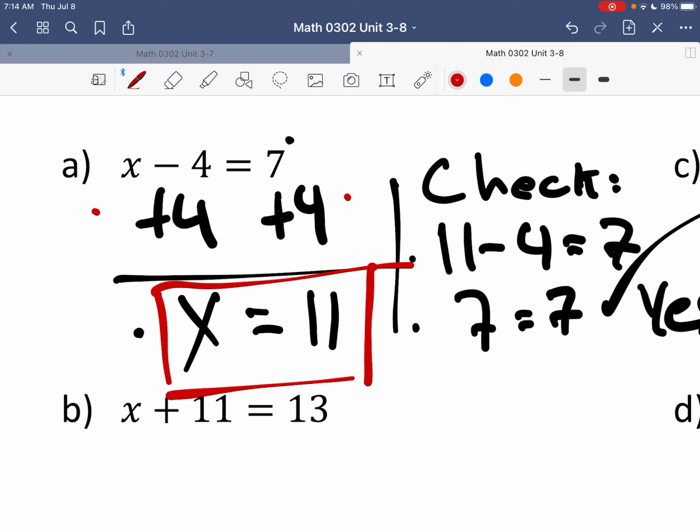why did we use the number 4? Well, we could have used any number that we wanted to. We used the number positive 4 because it is the additive identity for the number minus 4. The additive identity means that whenever we add minus 4 to its additive identity, plus 4, we end up with variable x by itself.